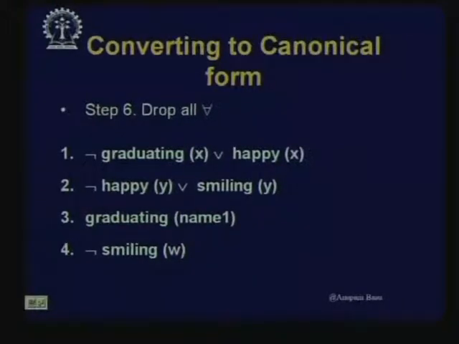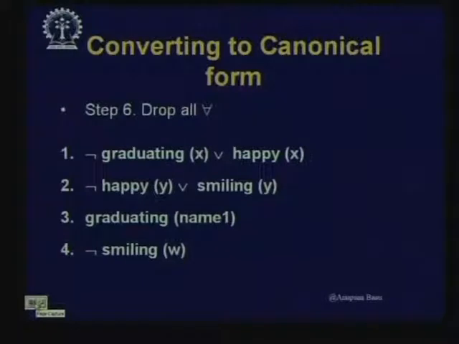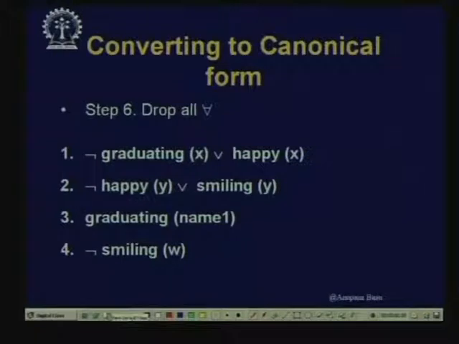Now, in this case again, we only have disjuncts. Now, in a canonical form, it can be conjuncts of disjuncts. What is a disjunct? Again, let us go here. Say I have got P x or Q x.